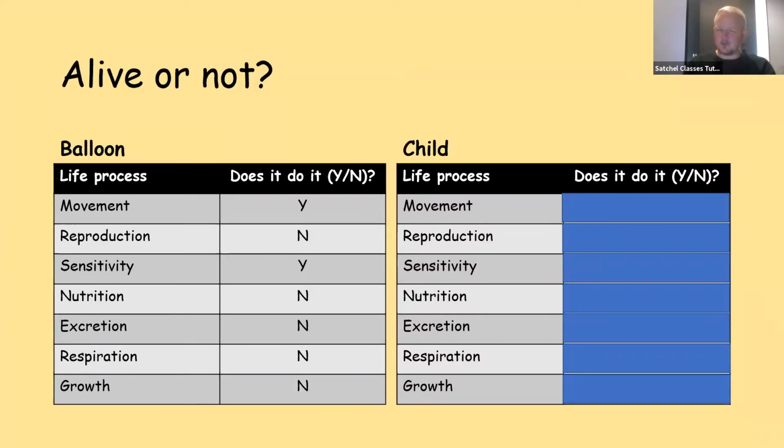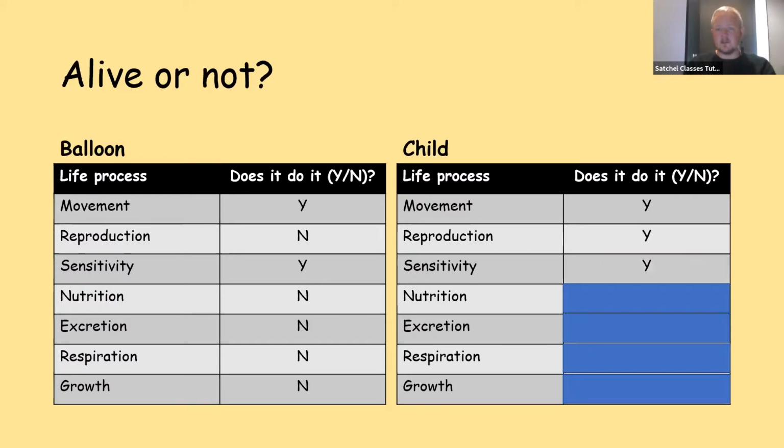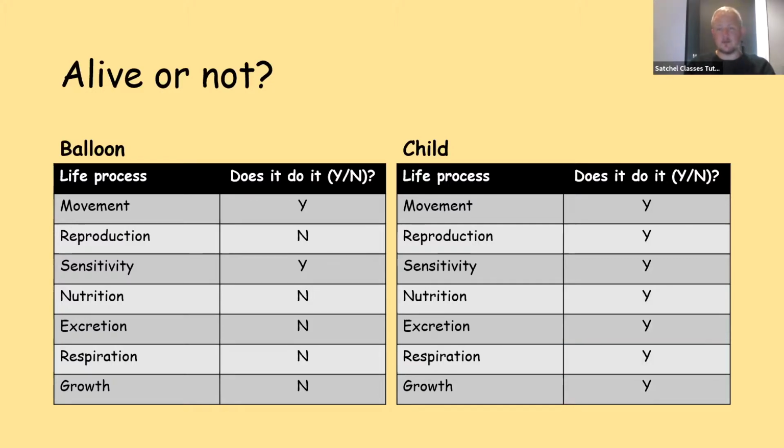It can stretch, but that's not the same. Child, life processes: movement, yes. Reproduction, yes, when they go on to adult life. Sensitivity, yes. Nutrition, yes. Excretion, yes. Respiration, yes. Growth, yes.